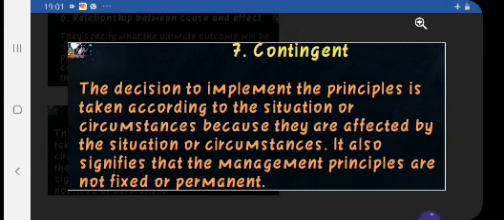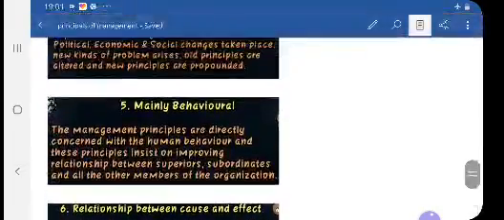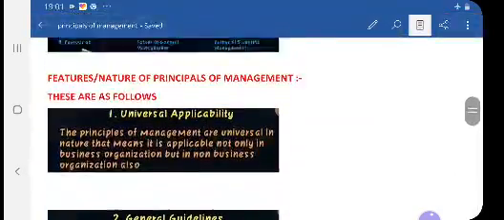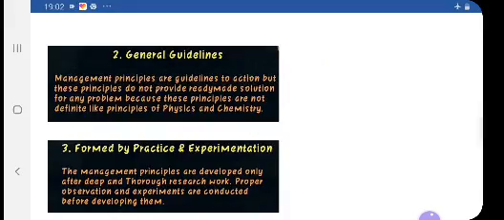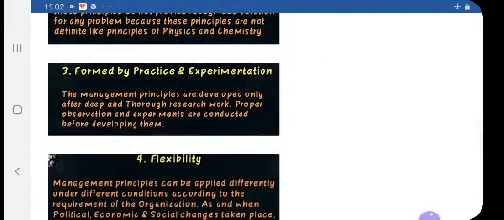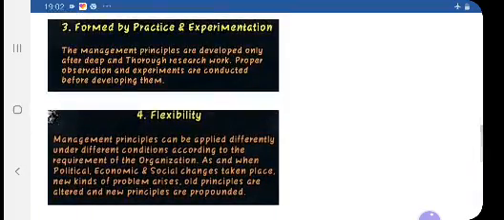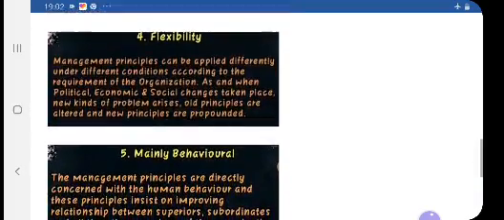So this is what we have discussed about the various natures of principles of management, pointed out in seven main points. First, the nature is universal applicability. Second, it is a general guideline. Third, it is formed by practice and experimentation. Fourth, all the principles of management are flexible, not rigid.